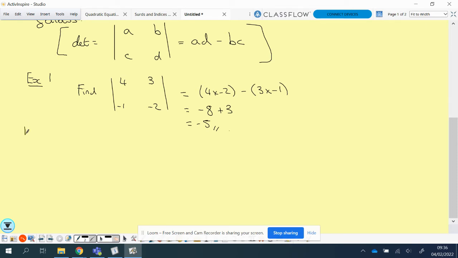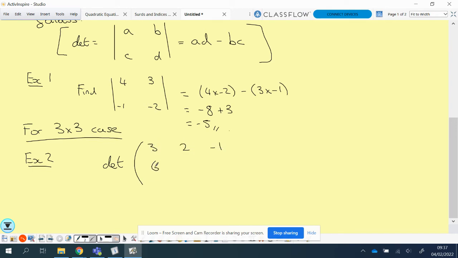So for a 3 by 3 case, we'll go straight into an example to show you how this works. Example 2: let's work out the determinant of the matrix 3, 2, -1, 6, -4, 2, -1, 0, and 4.